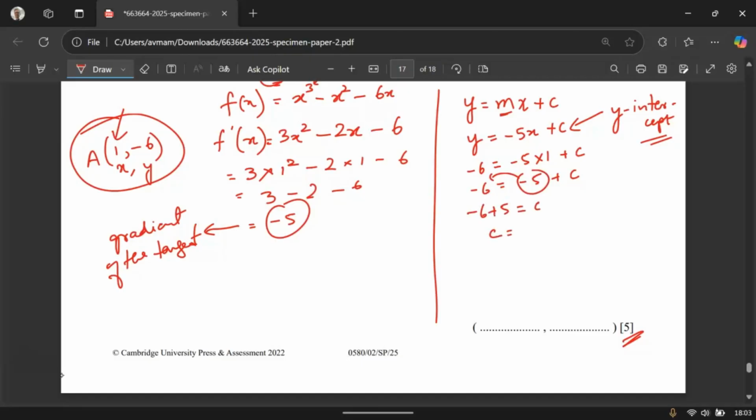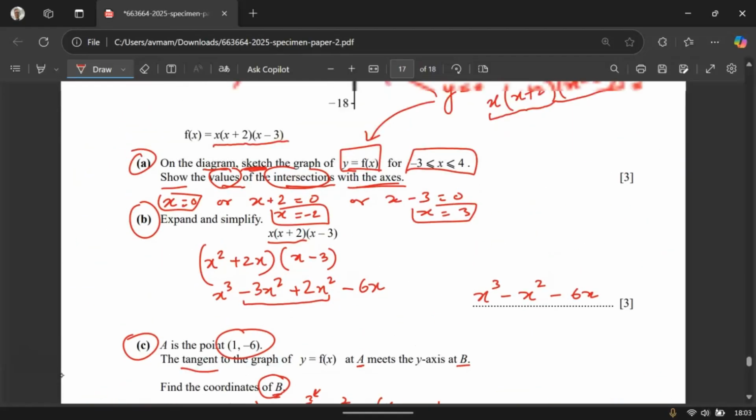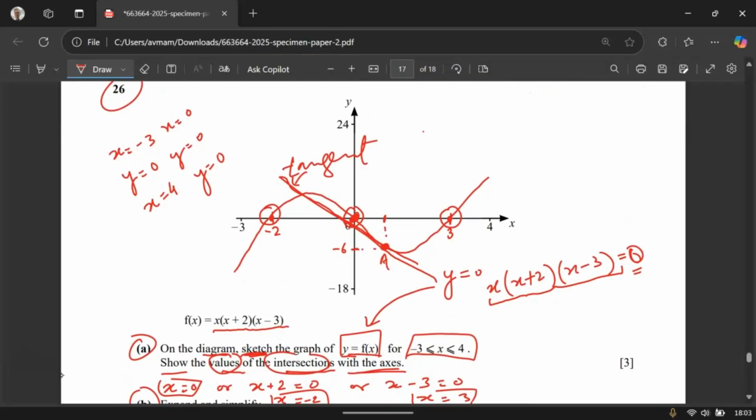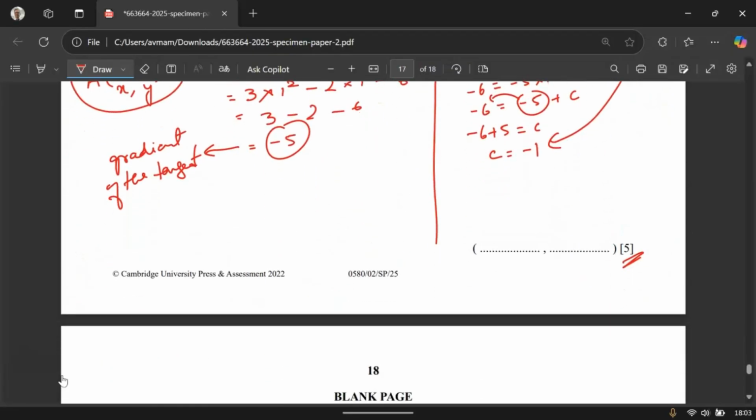So c equals negative 1. So that's our y-intercept. Let's go back to the graph. If the y-intercept is negative 1, this is negative 1, then what do you think is the value of x? x will always be 0. So there we go. x is 0, y is minus 1.